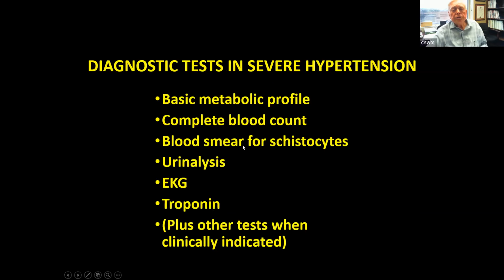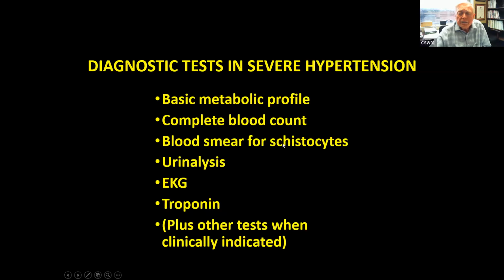So what should you do? You should do a basic metabolic profile, a blood count. Importantly, ask for a blood smear to look for schistocytes if you think the patient may have vasculitis, malignant hypertension, or scleroderma. Because schistocytes imply that the blood is perfusing vessels with damaged endothelium.